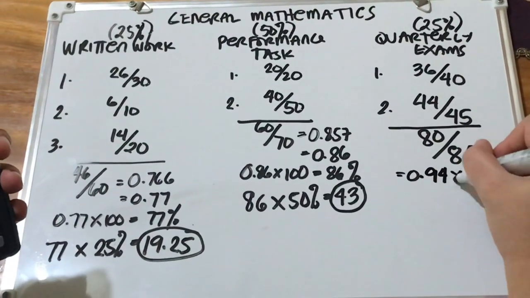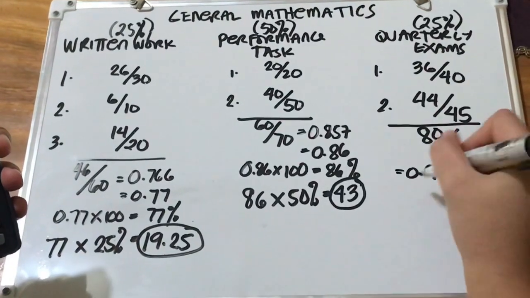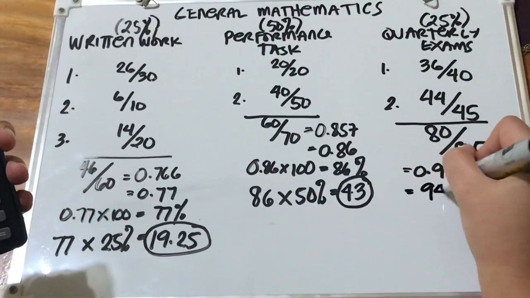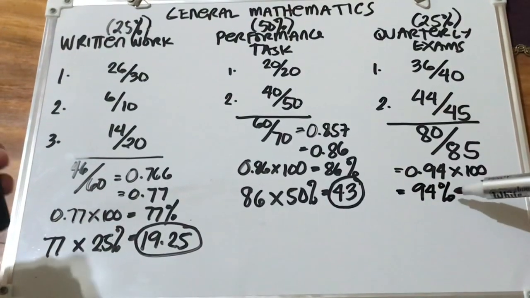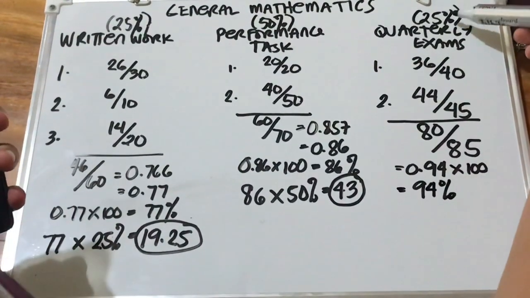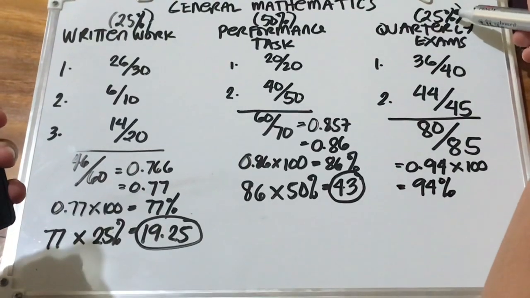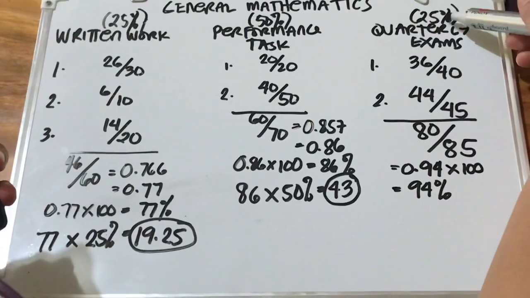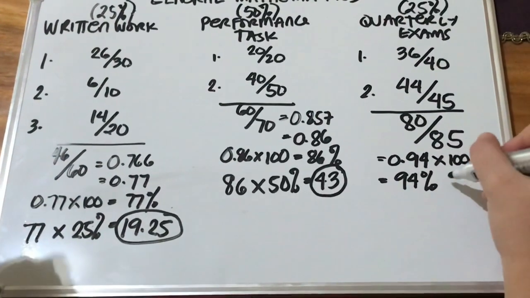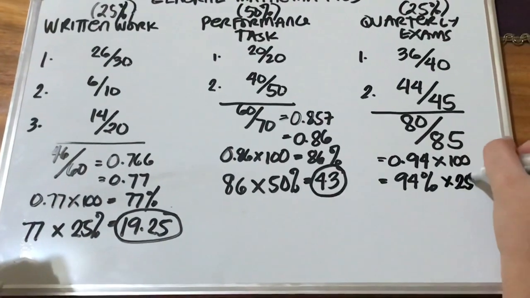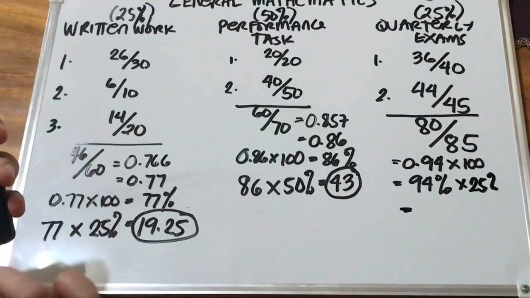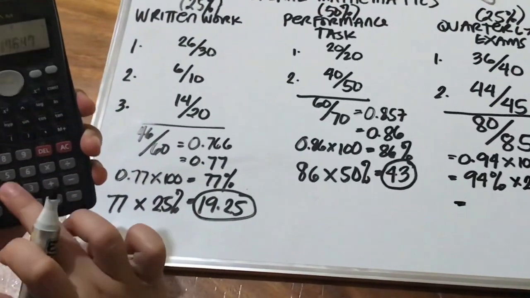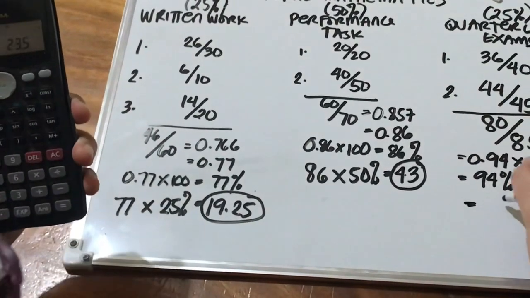We will multiply it right away by 100%. It is 94%. And after having the percentage, you multiply it with its corresponding percent, 25%. So 94 multiplied by 0.25 is 23.5.